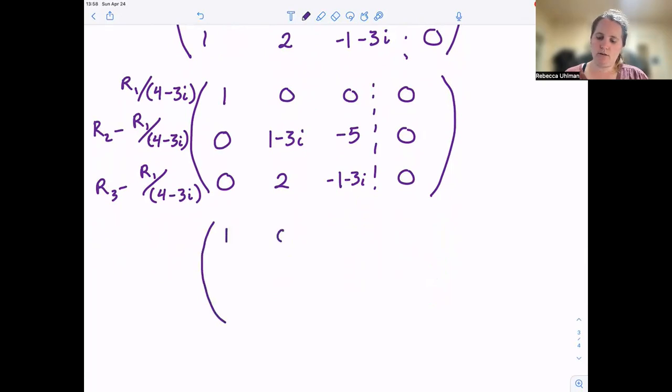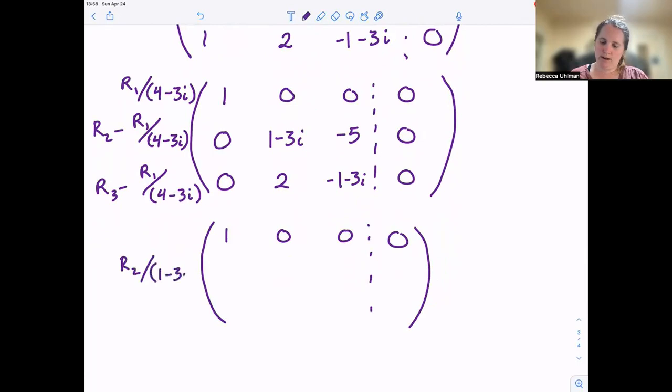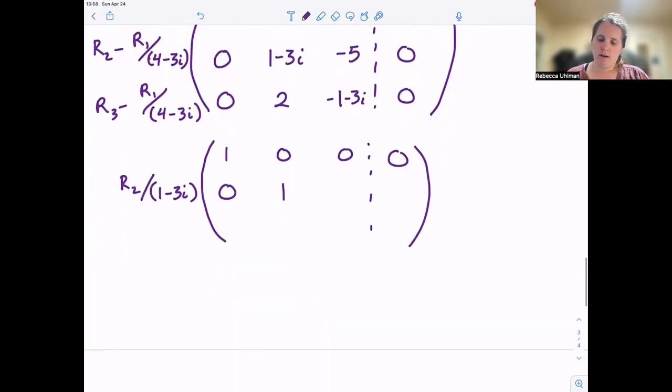So let's just check. So our first row, we have 1, 0, 0, 0. For our second row, we are now going to do row 2 divided by 1 minus 3i. So we'll have 0 and 1 for the first two positions, then -5 divided by 1 minus 3i. We can go ahead and multiply the top and bottom by the complex conjugate, 1 plus 3i.